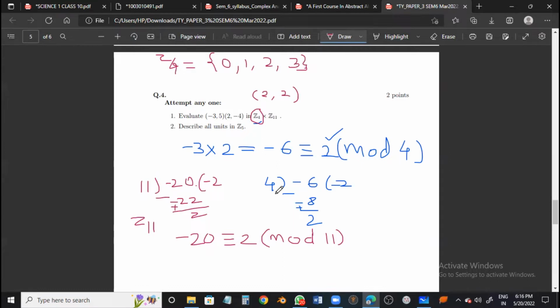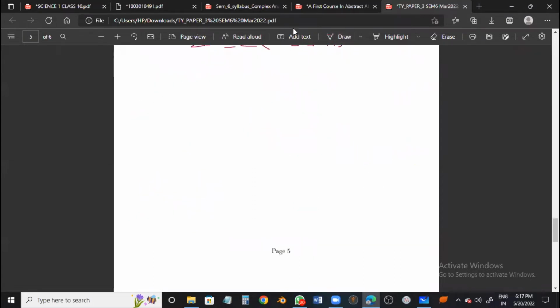Okay. Now I would like to move to all units in Z5. So Z5, 5 is prime. And whenever it is prime, all its entries are unit elements except 0. So what are the units in Z5?